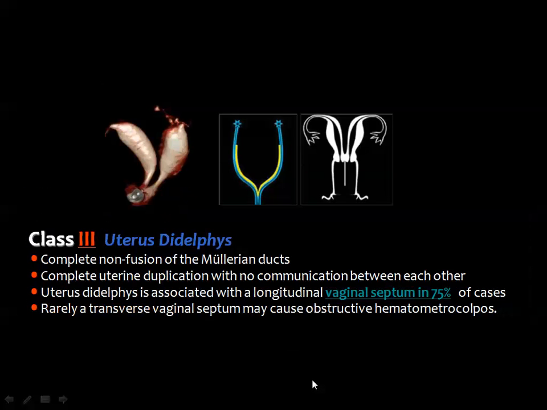You came to the third class, which is uterus didelphys, where there is complete non-fusion of the Müllerian ducts with formation of two separate uterine cavities and two separate cervical canals, and the vaginal septum is usually present in about 75% of cases.